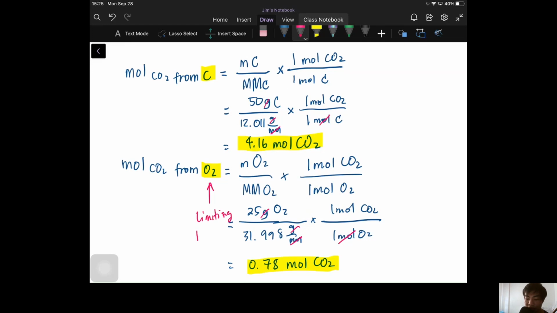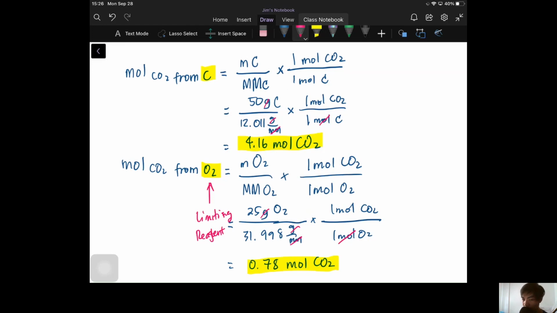Bakit siya naging limiting reagent? Because it only produces few amounts of your products. Onti lang yung products na napoproduce ng limiting reagent. It cannot produce any more. Wala na, hindi na pwede siya magdagdag pa. Bakit? Ubus na eh. So hanggang doon lang yung amounts. Hanggang 0.78 lang pwede.